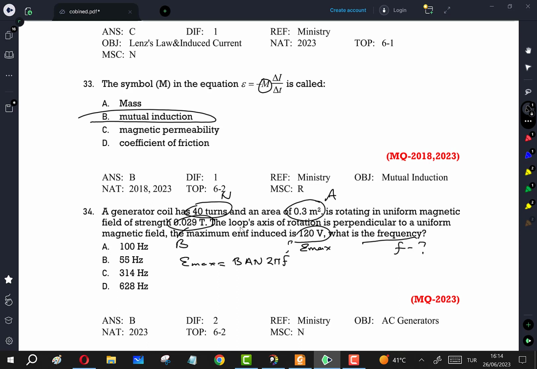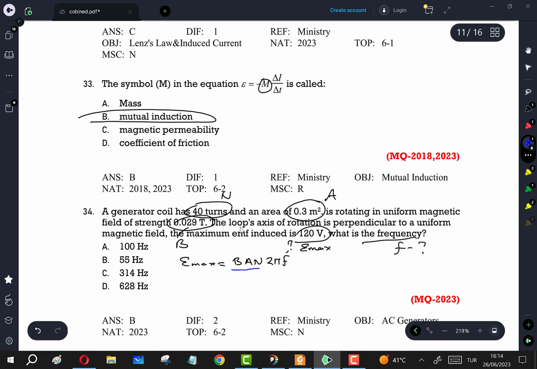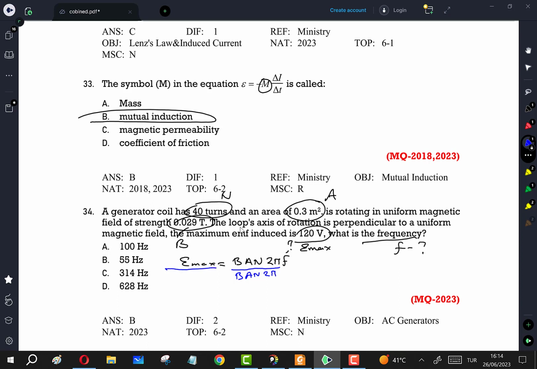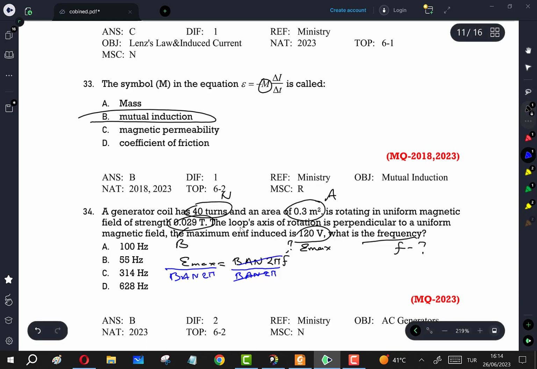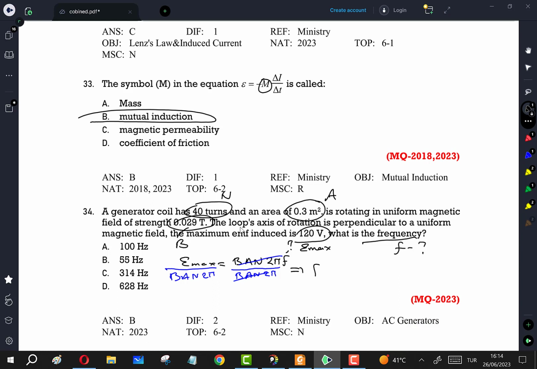So I'm going to simplify: f equals E max divided by BAN 2 pi. E max is 120 volt.